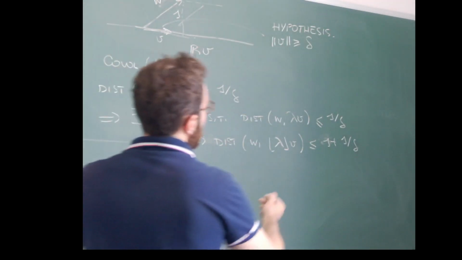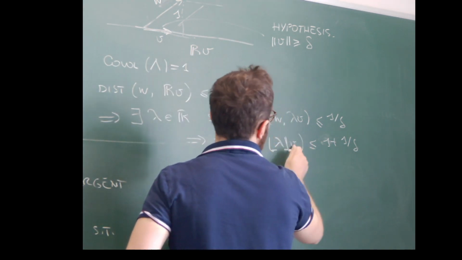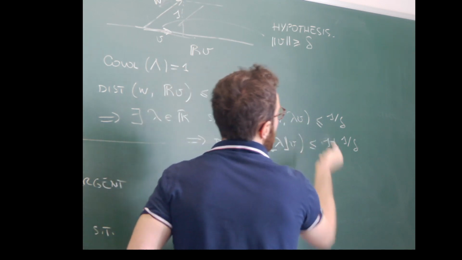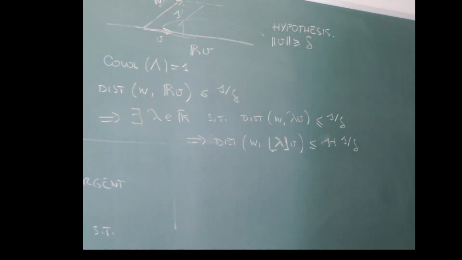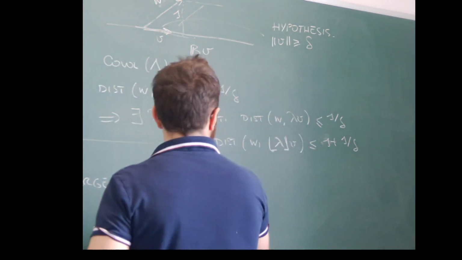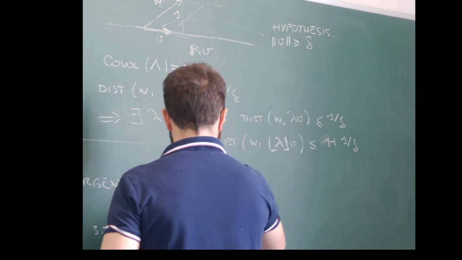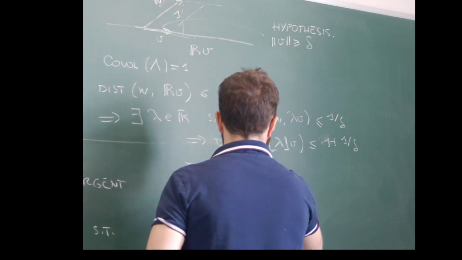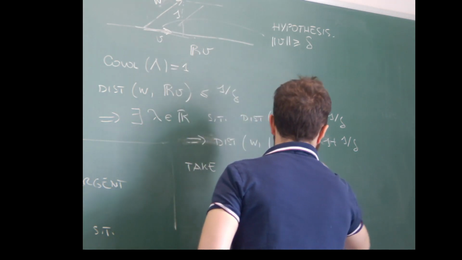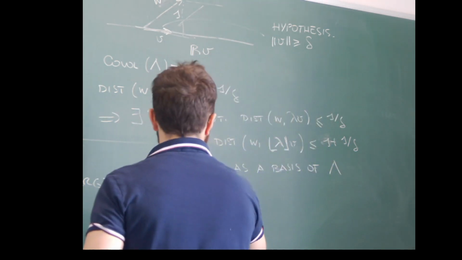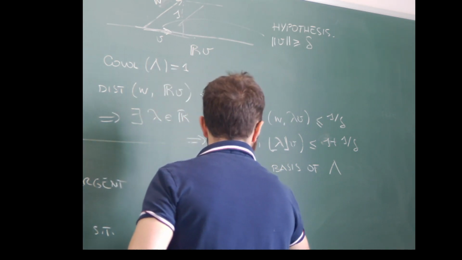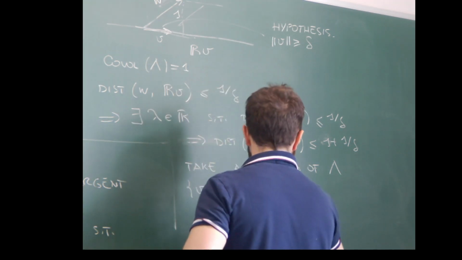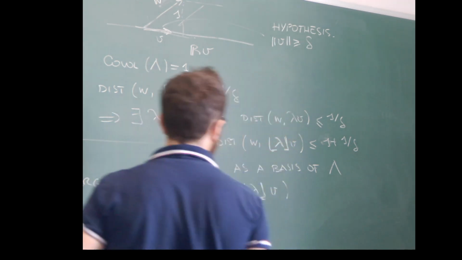Okay, because I know that the length of V is at most 1, and when I go from here to here, I'm making a mistake of at most 1. Okay? Sounds good? Right. And then, just take as a basis of lambda, V and W minus floor lambda V. Okay?